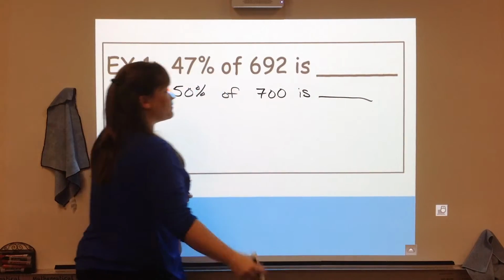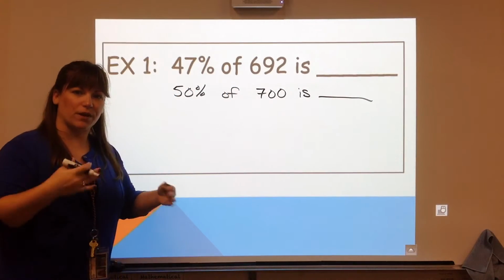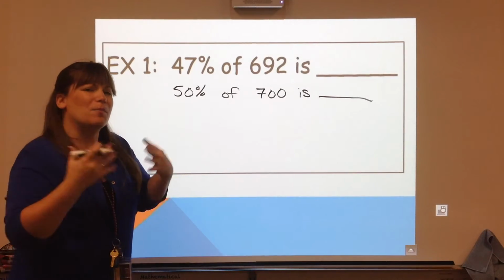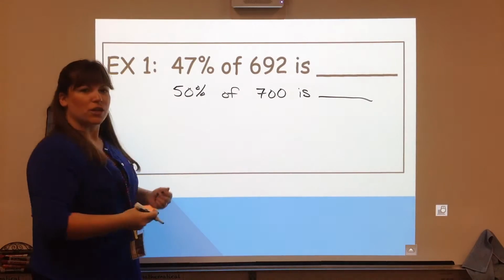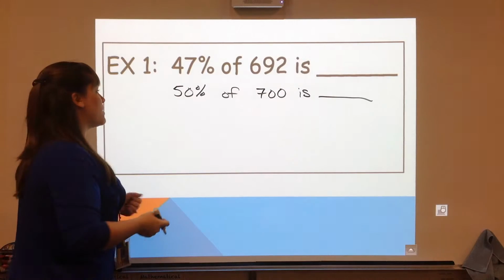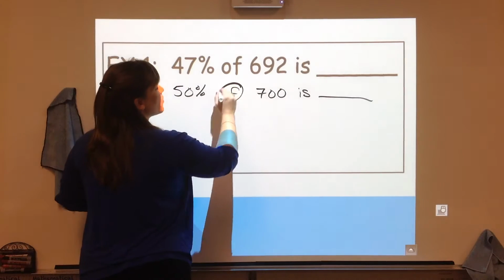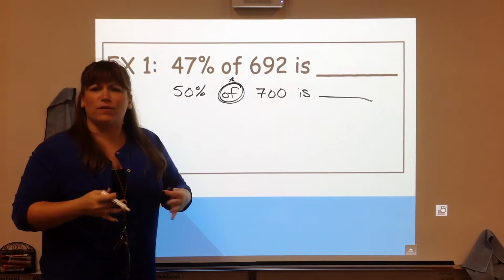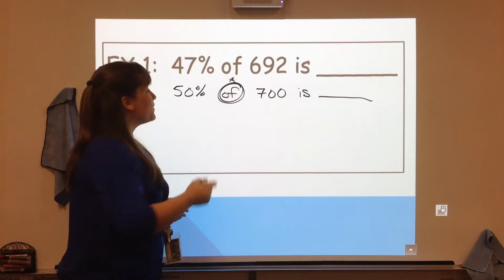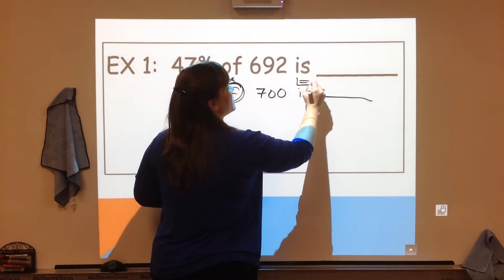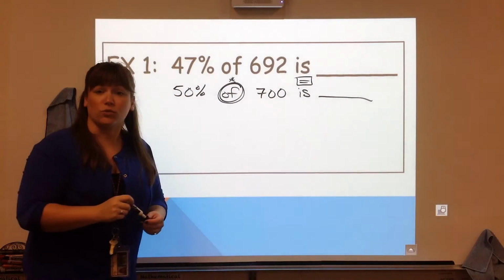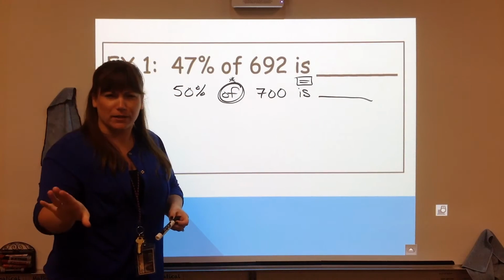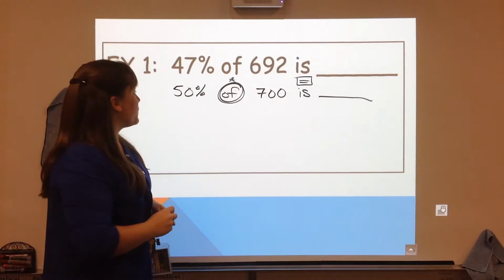So I've changed my numbers. That's okay. We're estimating. We're finding about how much is 50% of 700. Now, this is important. Of is going to be an equivalent word that means multiply. Is is going to be an equivalent word that means equal to. We're going to really deal with that next time, but that's a little preview.